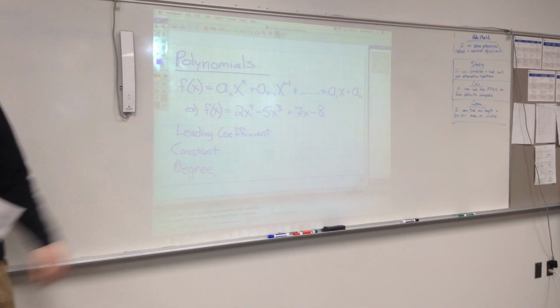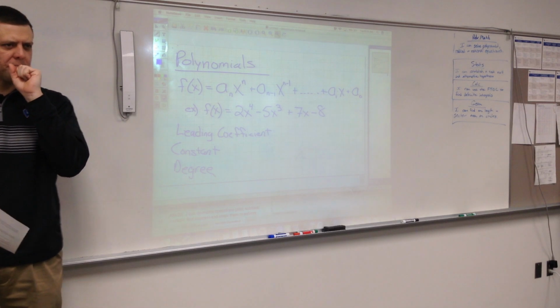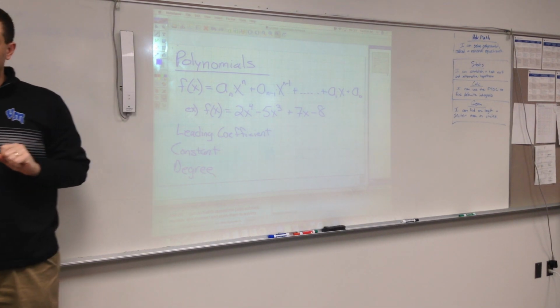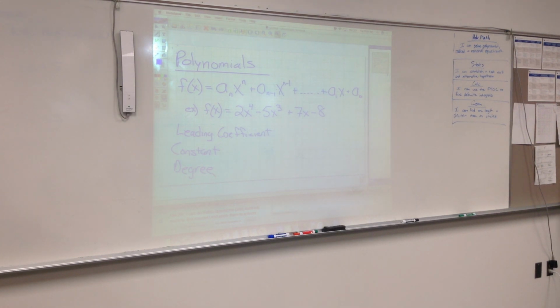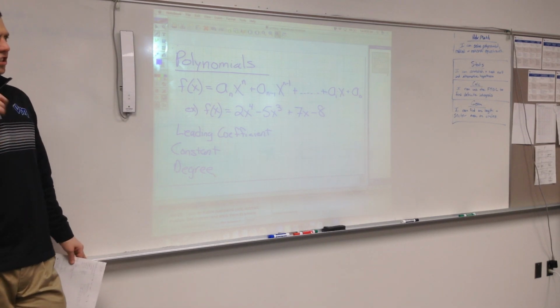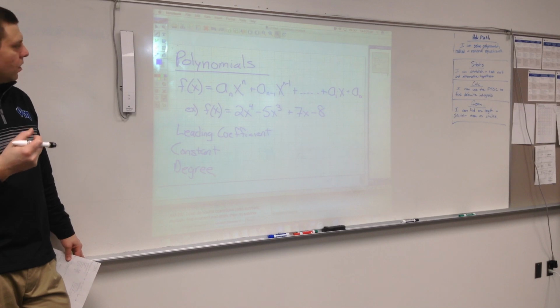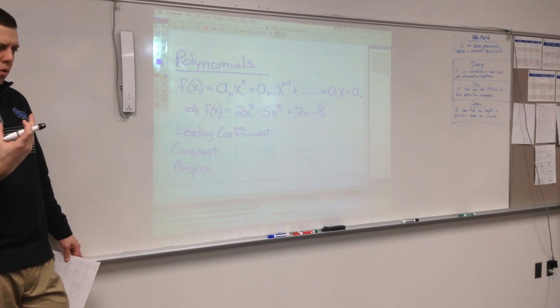Another term you'll hear me use a lot is degree. Degree of a polynomial. Does anybody recall that one? Basically, it is the sum of the exponents on the term with the highest power. Or in this case, it would just be 4.